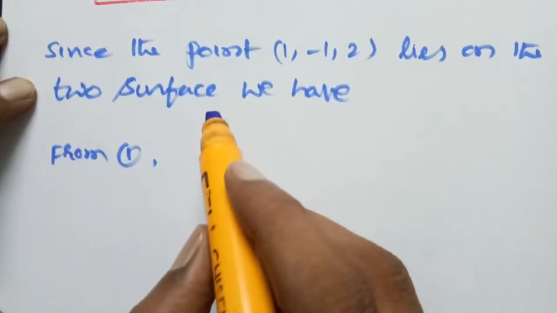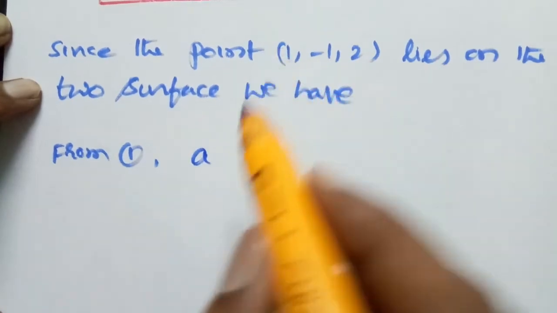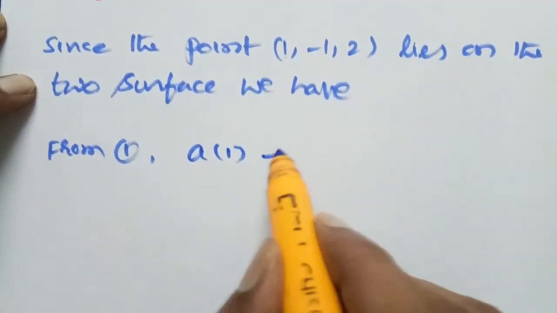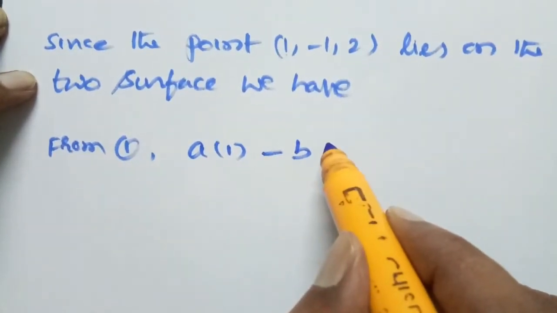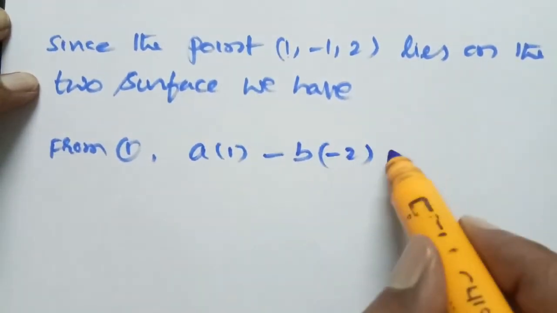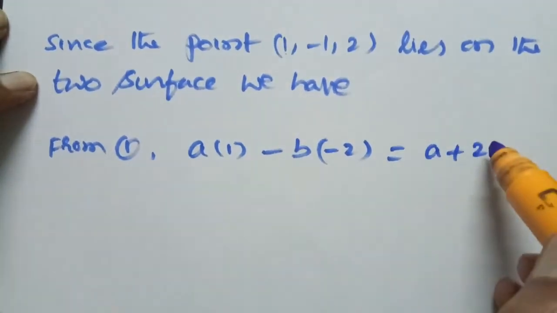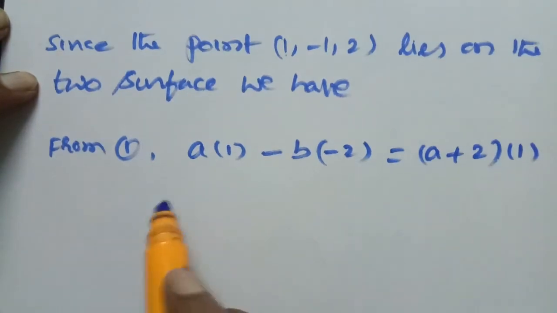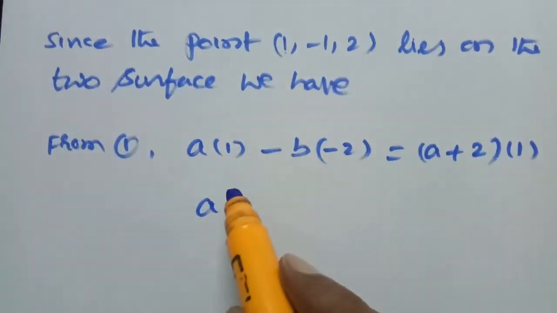Substituting the point in ax squared, that means a into 1, minus b into y value -1, z value 2, minus 2, is equal to (a + 2) into the x value, that is 1.